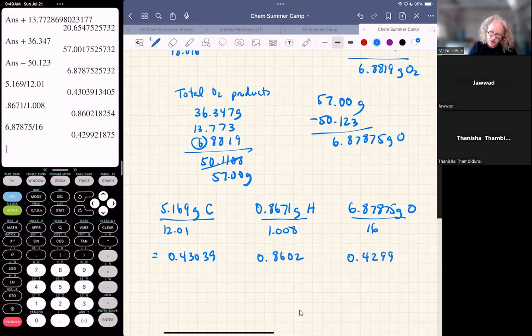It looks like carbon and oxygen are the same. Divide everything by 0.4299. I can even eyeball this, you probably can by now as well. This is going to be 1, this is going to be 1, and this is going to be 2.